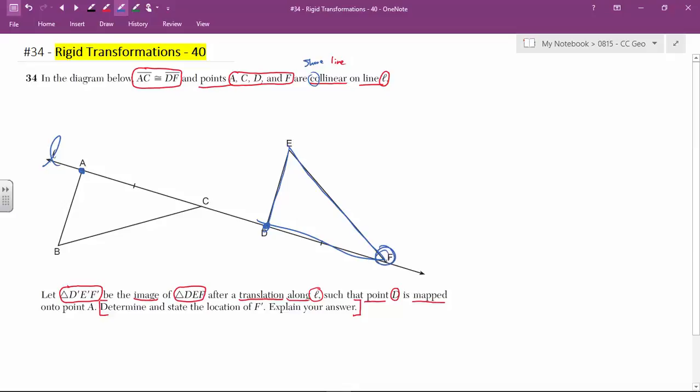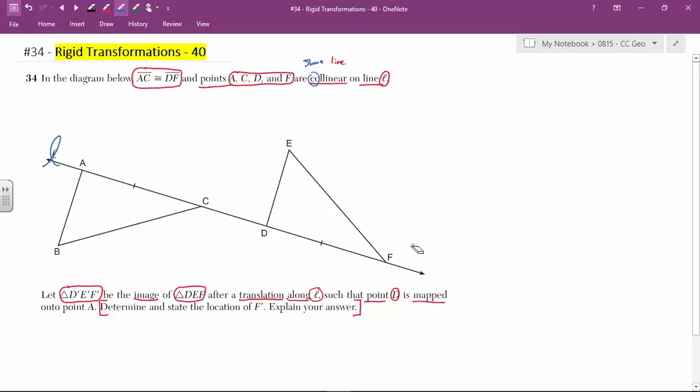Where is F going to land? I think it's fairly obvious. F is going to land right on C. But explaining this problem is the hard part. It's getting the right language.